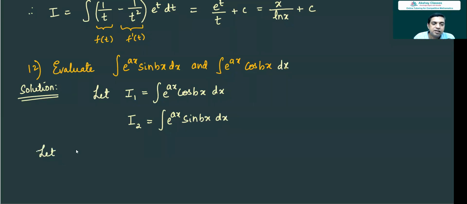Let I, capital I, be I1 plus iota I2. This iota is the complex unit.